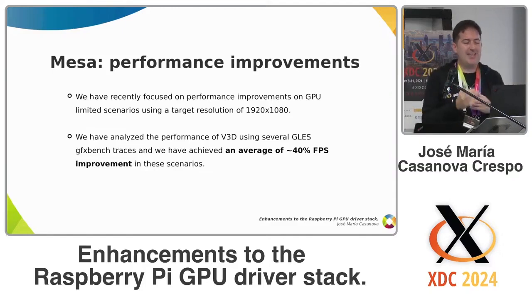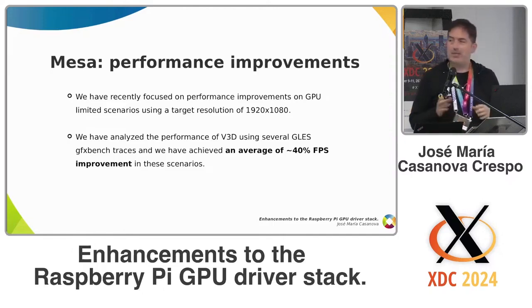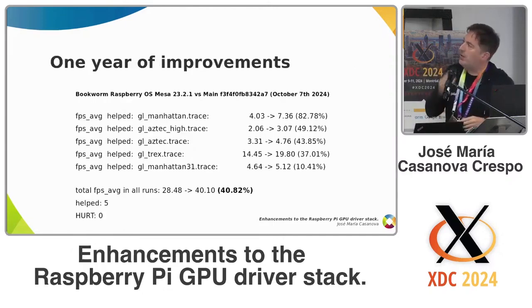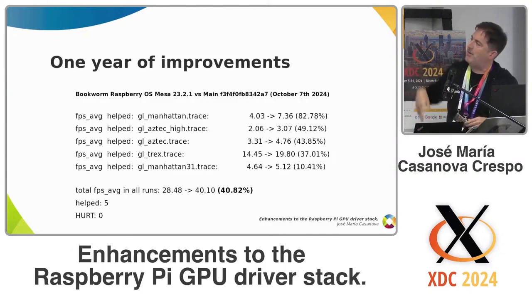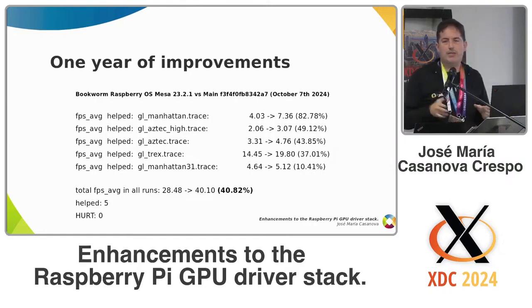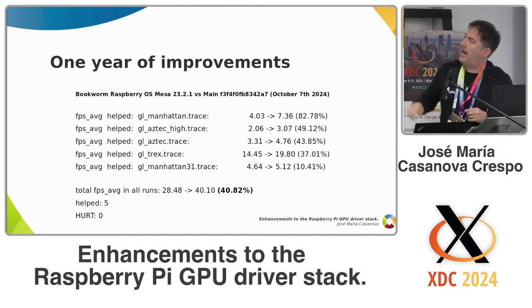We analyzed the performance on V3D using several GFXBench traces, and we achieved a performance improvement of around 40% in these scenarios. This showcases the difference in average frames per second between last year's Mesa version, the one installed in the Bookworm release of Raspberry Pi OS, and the current Mesa from two days ago.